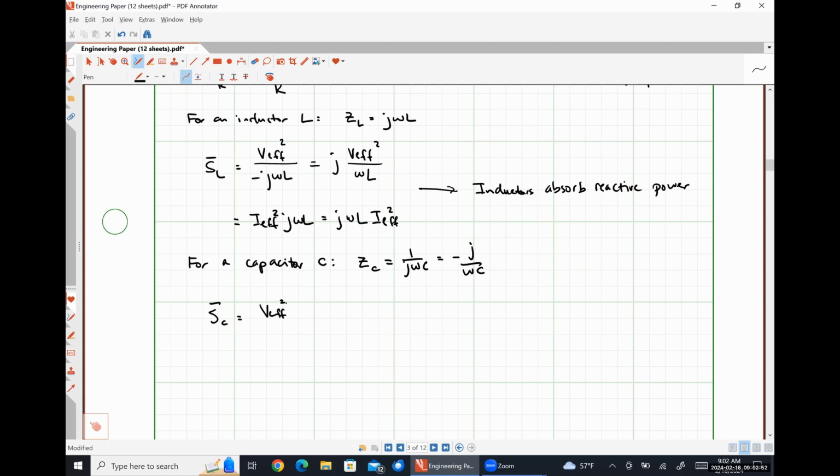And now I'm going to divide by the conjugate of the impedance, right? So since I'm dividing by ZC, that's going to look like omega C over negative J. But because I'm doing the conjugate of that, it's going to look like omega C over positive J. Well, 1 over J looks like negative J on the numerator. So this is going to give us negative J omega C times V effective squared.